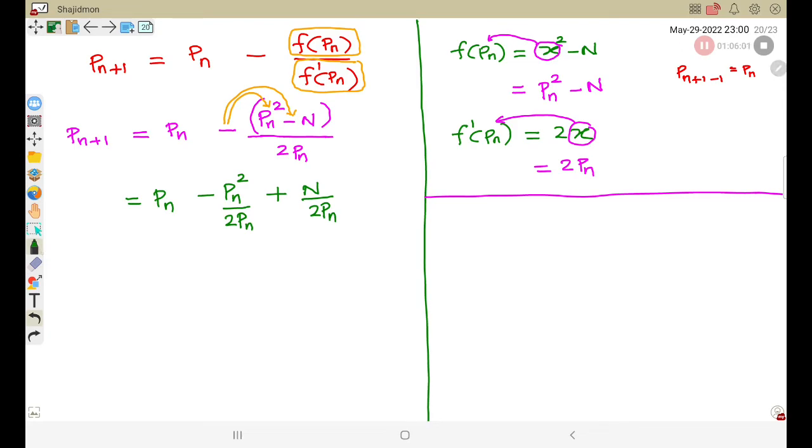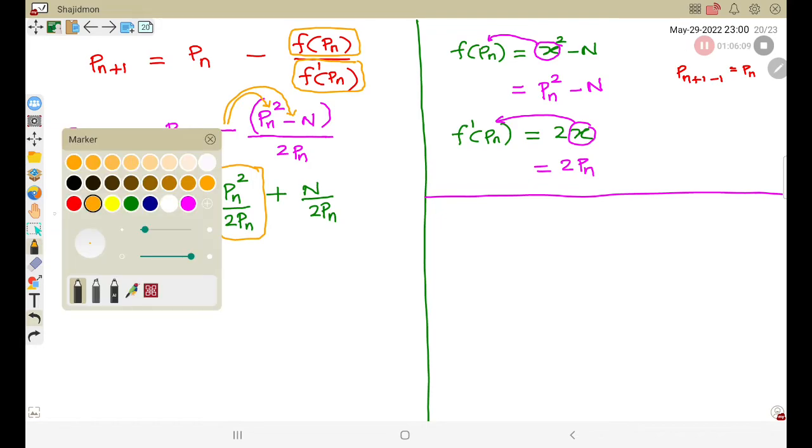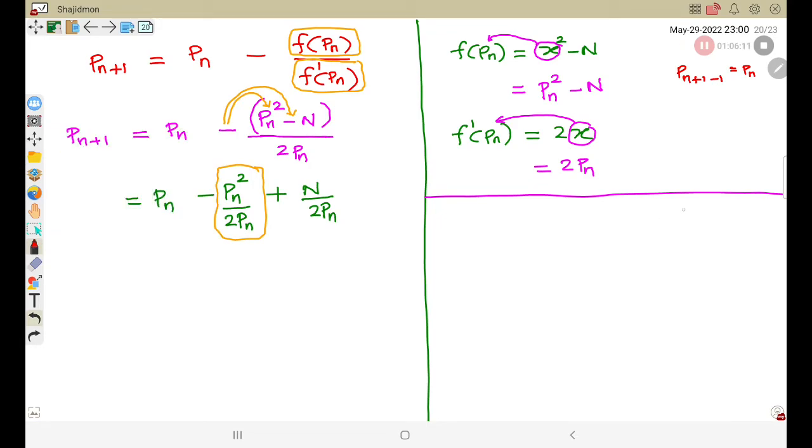Okay. Now think about any term we can cancel, especially in the second term. You can think what is the meaning of Pn power 2? Pn power 2 means Pn square, means Pn multiply Pn. That is the meaning of Pn square. Divided by 2Pn means 2 multiply Pn. Correct?